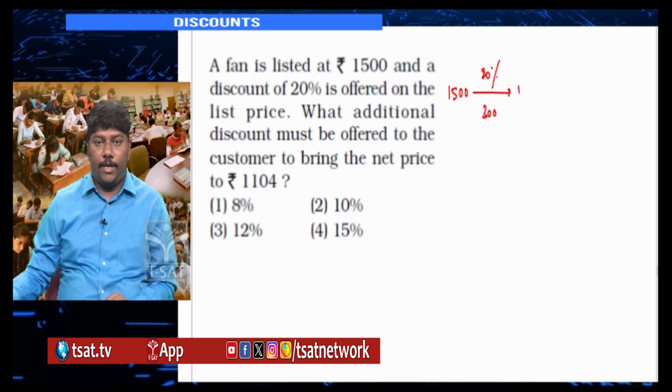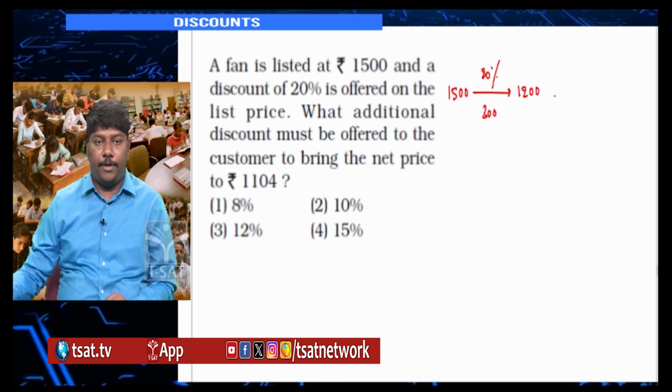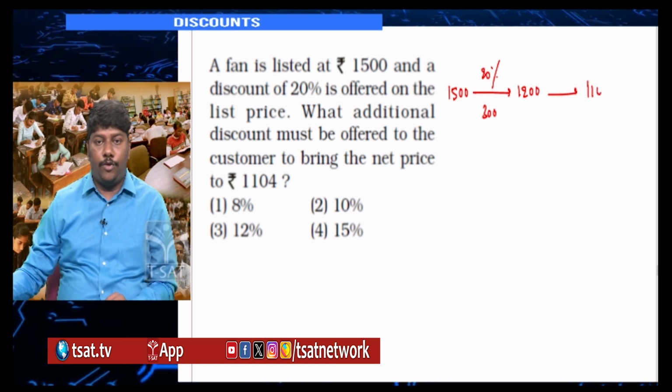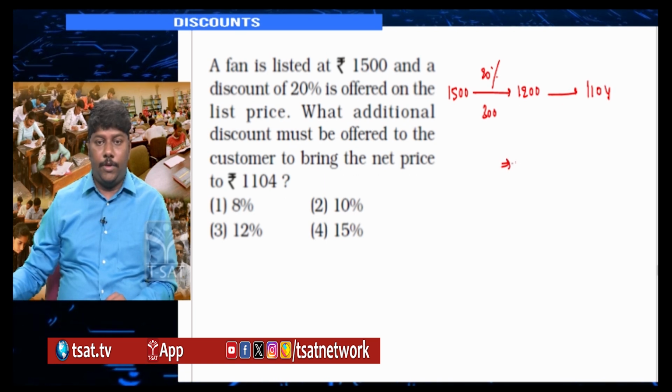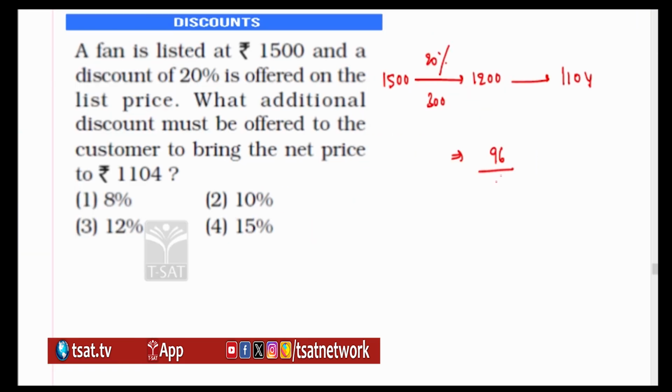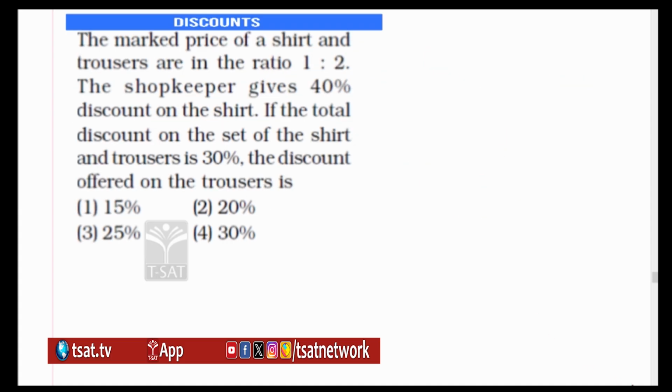Therefore, you are already giving 300 discount, means you are getting it for 1200, but you wanted 1104. So you are additionally giving 96 discount upon 1200 into 100. So the additional discount that you need is 12 1s are 12, 8s are. So the additional discount is 8%. So you need to give an additional 8% discount on it.